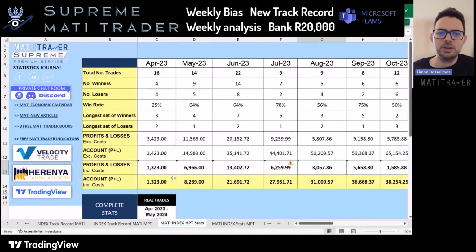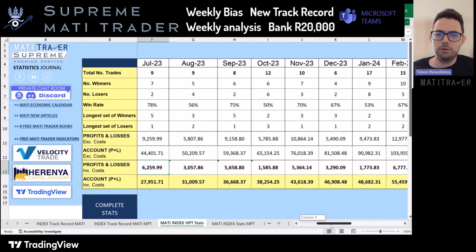And you can see I've changed it where instead of compounding, it's based on an initial 100,000 Rand portfolio each month. So you can see April, we got 1.3%, May, 6.9%, June, 13.4%, July, 6.2%, and this is net, okay, including costs.